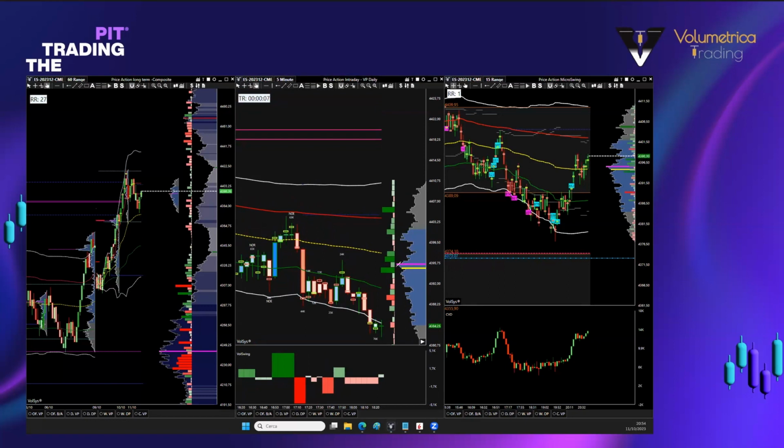So we have talked about point of control referring to the daily volume profile, composite volume profile, market profile, as the point where the most volume was traded within that period. A bar POC is the point of control for that bar. That means within that bar, the point of control is the point where we had the biggest amount of volume traded.